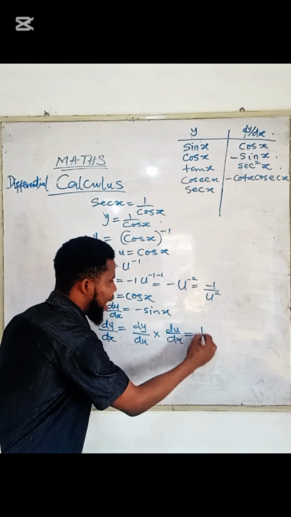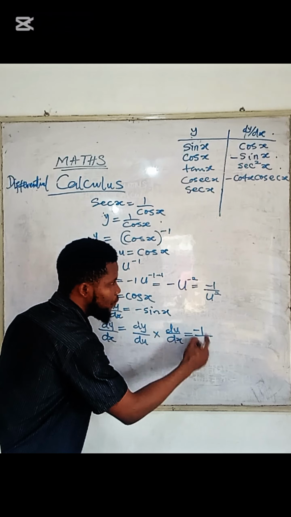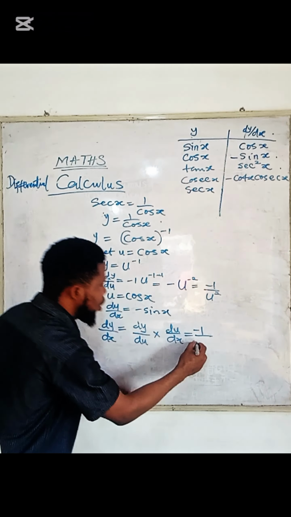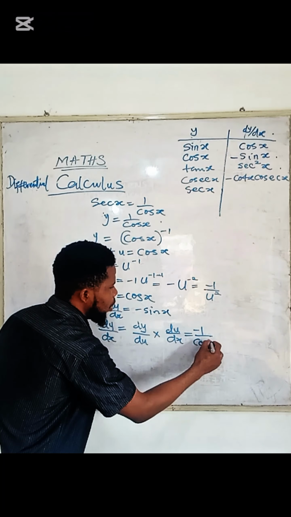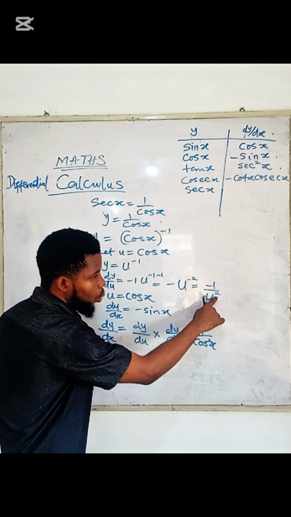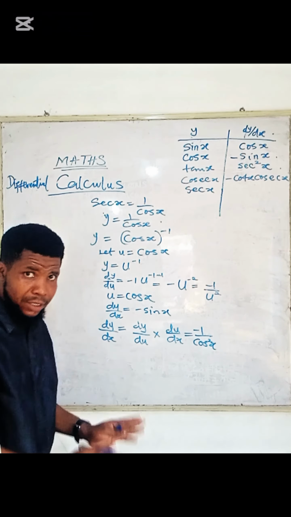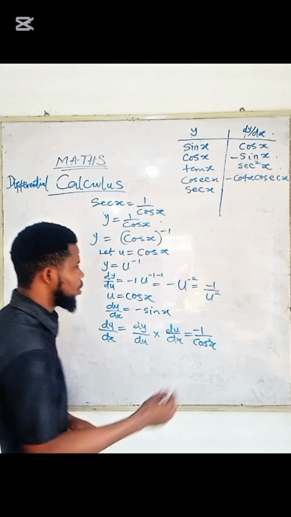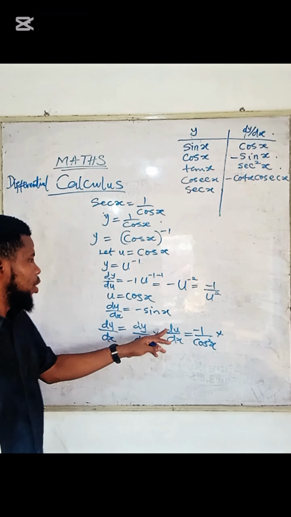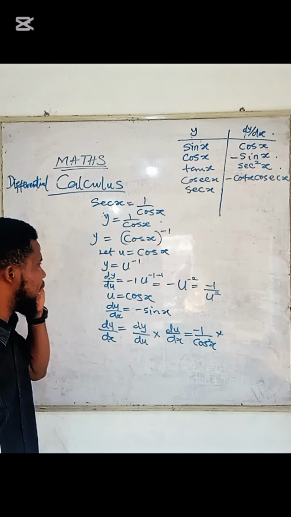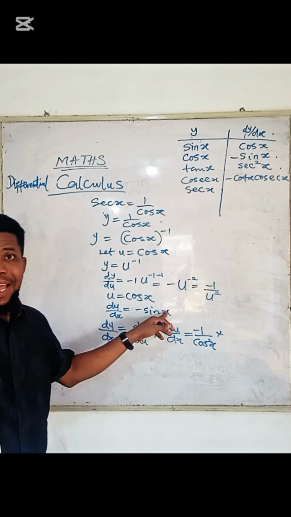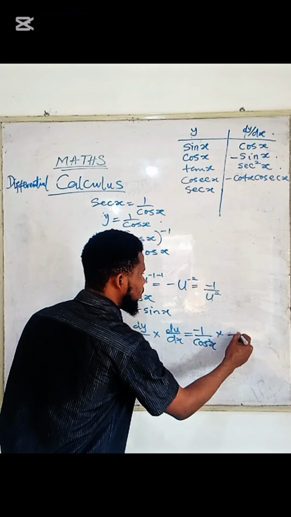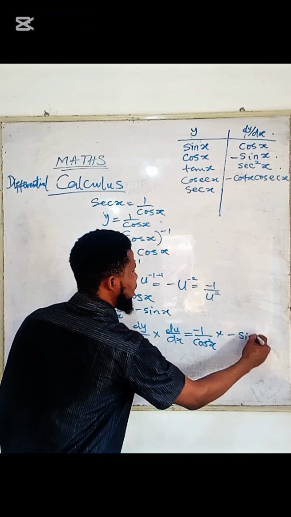Minus 1 over U. Remember what U is? Cos squared S. I think you understand that. Good. Times du/ds. What is du/ds? That's minus sin S.